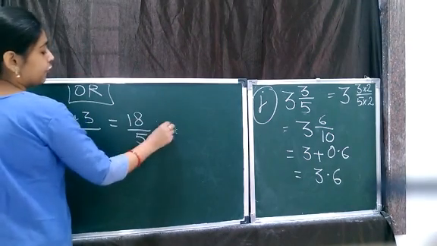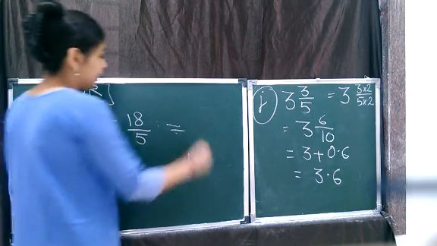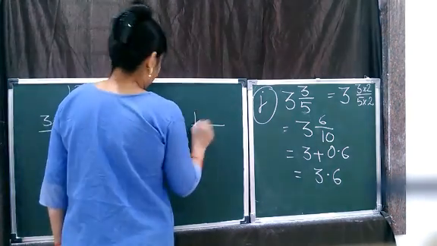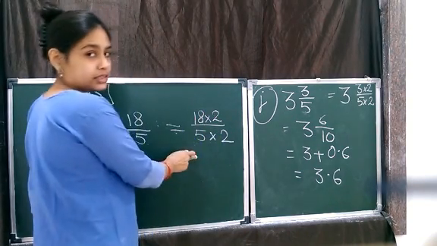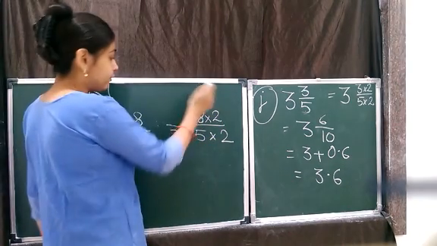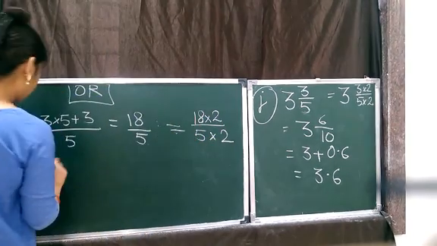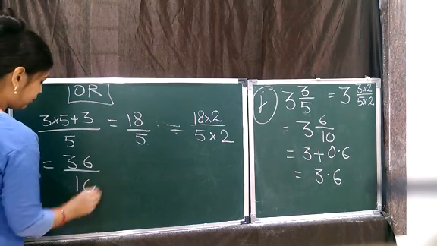Now, what to do? We have to make this as 10. So, what to do? We multiply by 2. Yes, to make this as 10. Now, we are multiplying below, so we have to multiply above also. So, 18 2s are 36 and 5 2s are 10.